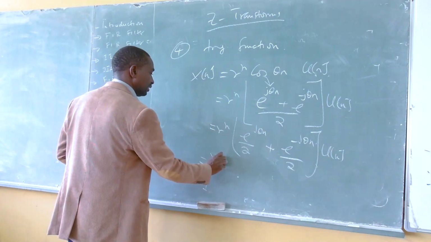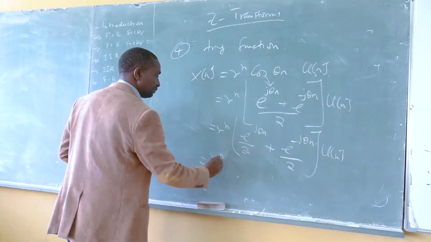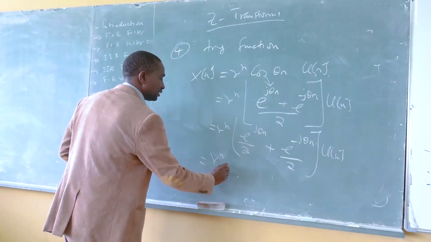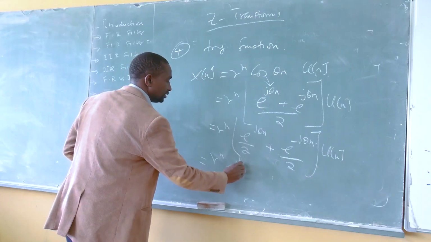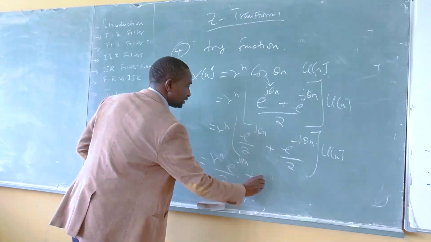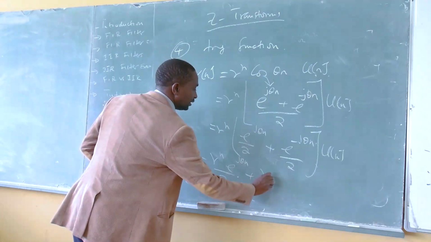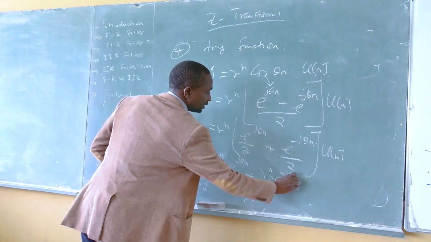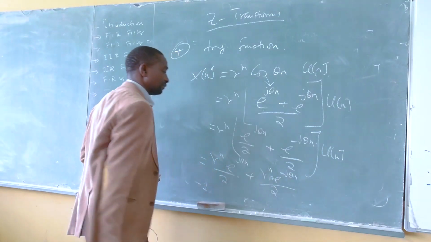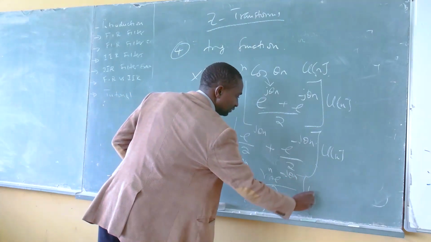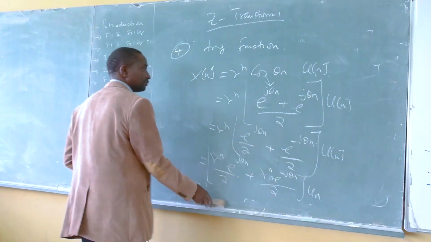And then r to the power n can be multiplied by each of these to get r to the power n e to the power j theta n divided by 2 plus r to the power n e to the power minus j theta n divided by 2. But again, each one of these must be with reference to a unit step function.